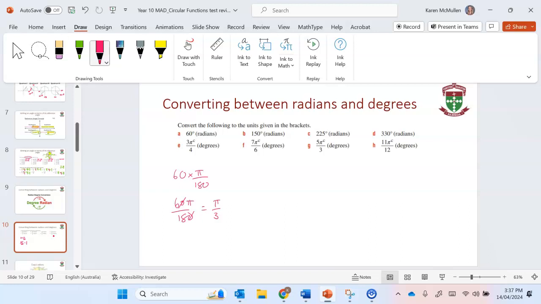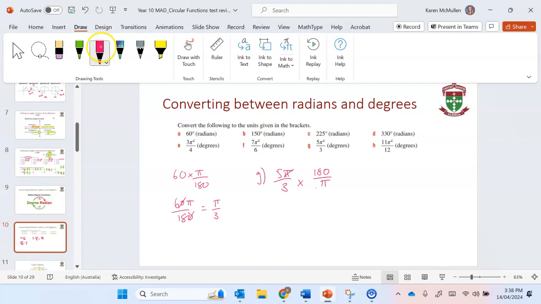I feel like we've done quite a few of these. So again, as I said, if you did it around the wrong way, you're going to end up with an answer that just looks wrong. We can't have pi squared. So you'd be like, oh, I should have done it the other way around. So 180 on pi. So I'm doing question G here.